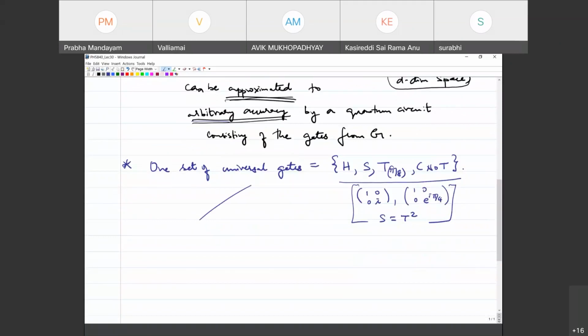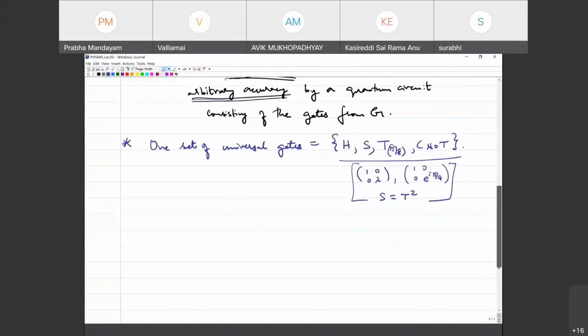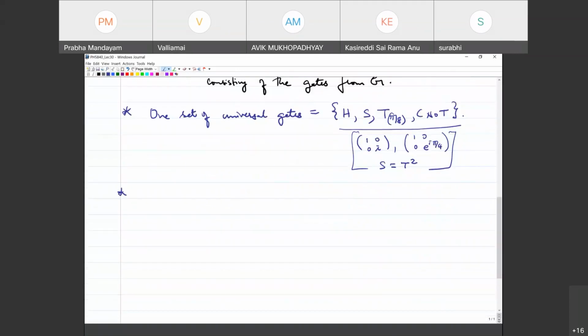So this proof actually is a 2-step argument. First of all, showing that this particular set of gates is universal, I'll also upload a few references on Moodle. It goes by the name of this famous result in quantum computing called the Solovay-Kitaev theorem, which quantifies how big a sequence you need if you want a particular accuracy.